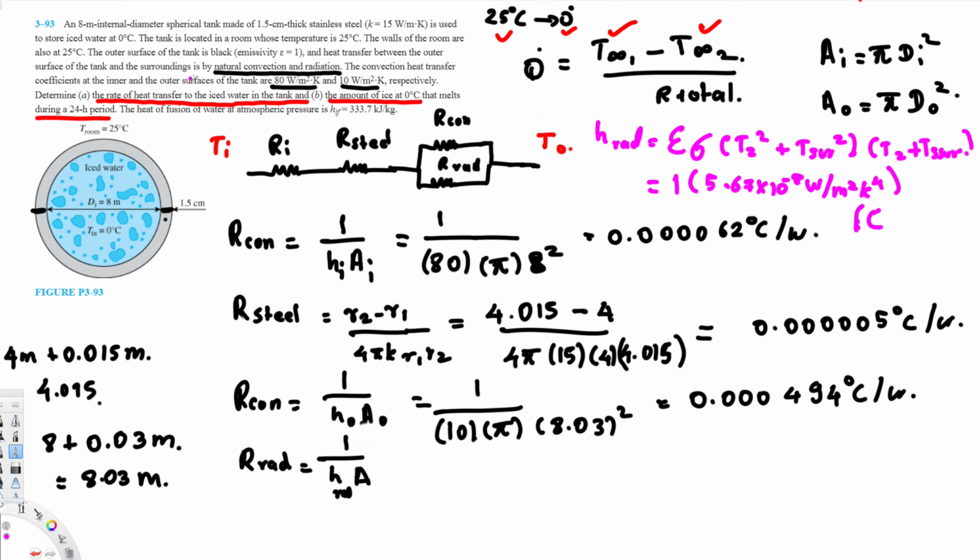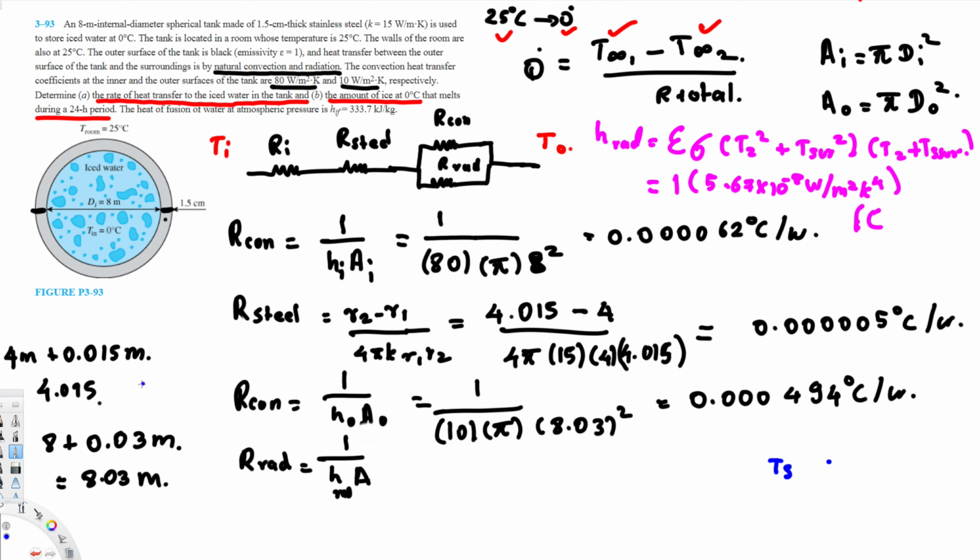So let's see. Outside temperature. You know what? Here we have to calculate the surface temperature for this one. So to calculate surface temperature, we have to use a different equation. T surface. So let's see. T surface. You know what?